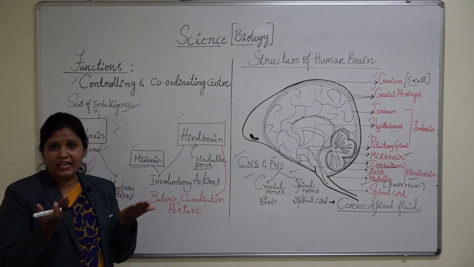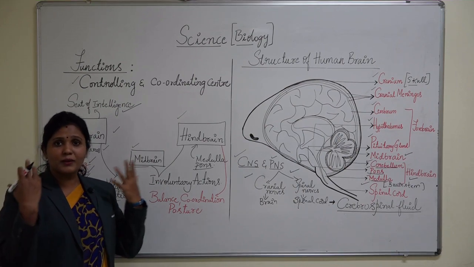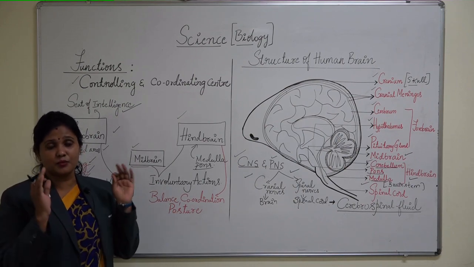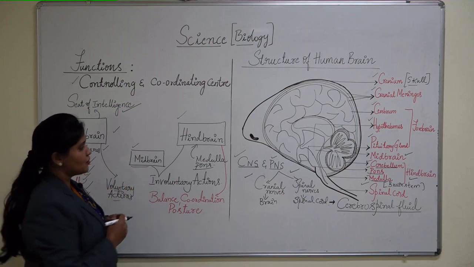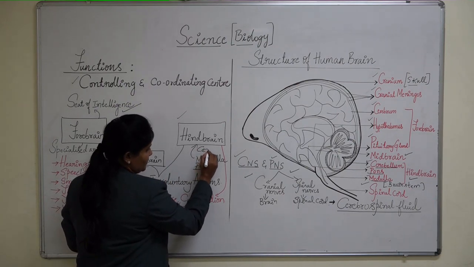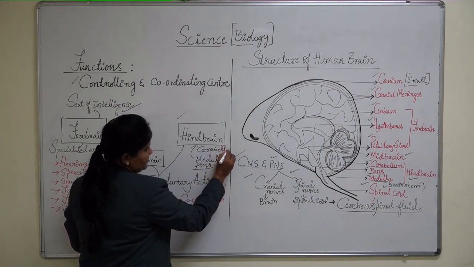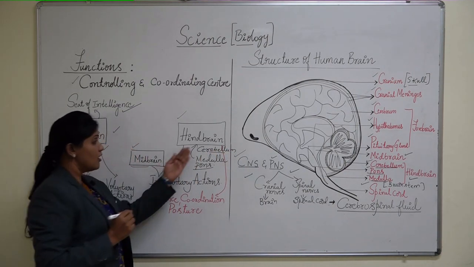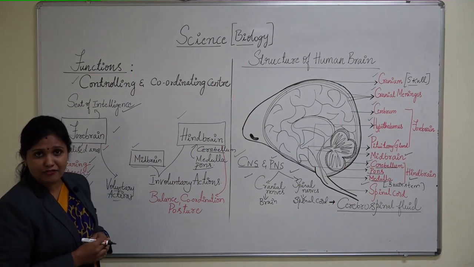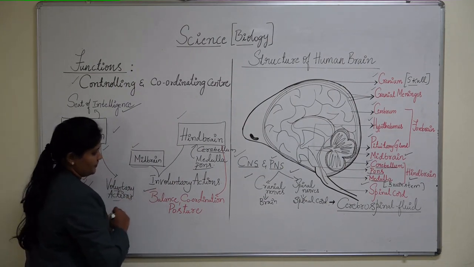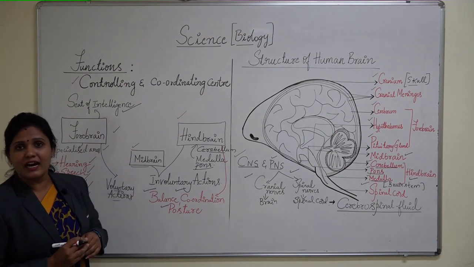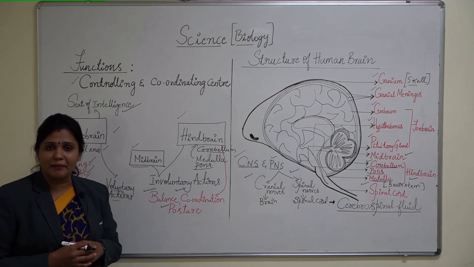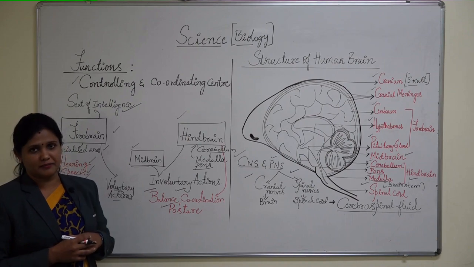If we are lifting a heavy object or listening to certain instructions, we need to be very alert, and all that is under the control of the cerebellum. It also performs essential body functions like balance, coordination and posture, allowing us to move properly and maintaining our body structure.